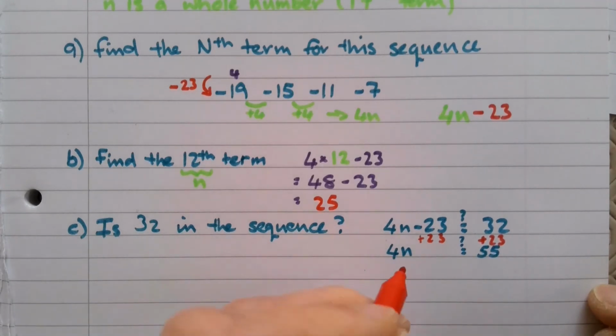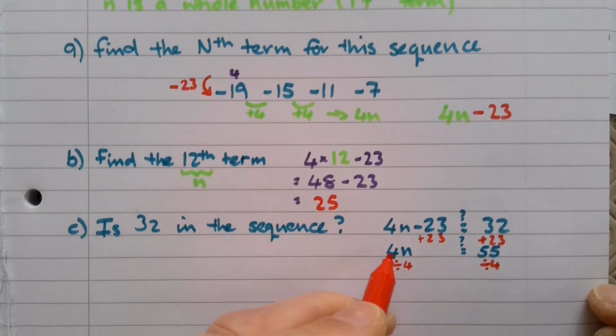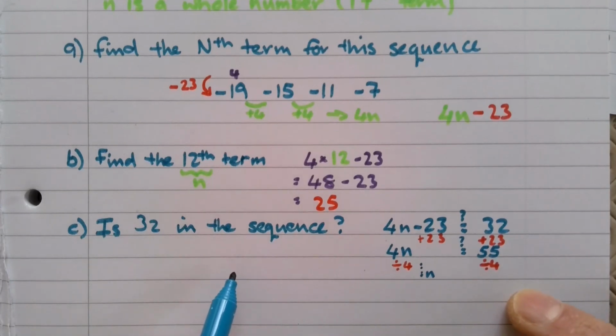Now we need to do the divided by 4 bit, alright? So that would give me n, will give me 1n, I guess. So I only need to do a little bit of bus stop here. So I need to do 55, and I want to divide it by 4.